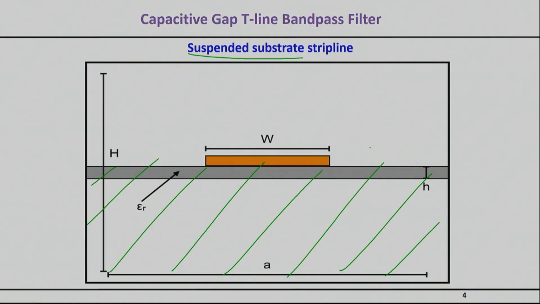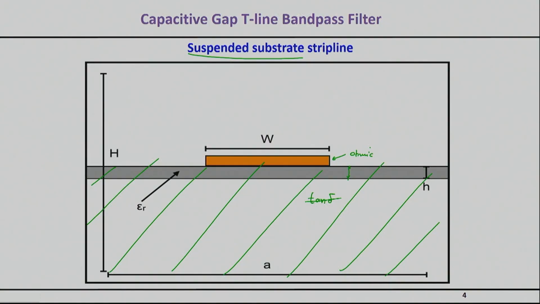That's a bad idea if you want a high quality factor, because the substrate will have some type of loss tangent, some type of dielectric loss. To get rid of this dielectric loss, we etch the substrate away, or machine it down to a very small thickness, just enough to mechanically support our circuit. Now the dielectric loss is completely gone from the equation, and the only loss we have to worry about is the ohmic loss.